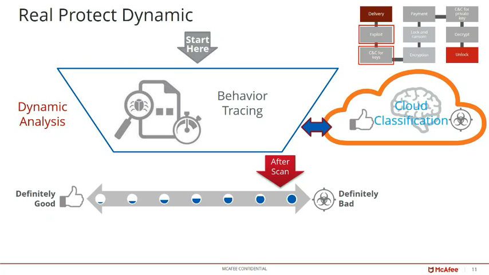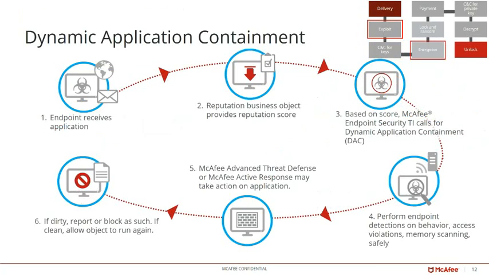Now, there is, of course, a little bit of a gotcha here, and that is that if RealProtect Static allows a file to execute, then that file is going to, at the very least, start what it's designed to do. So if we come back to the focus around ransomware particularly, that begs the question, well, how many files could be encrypted?